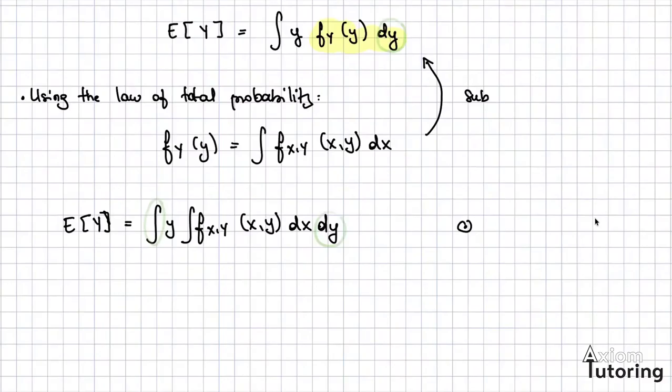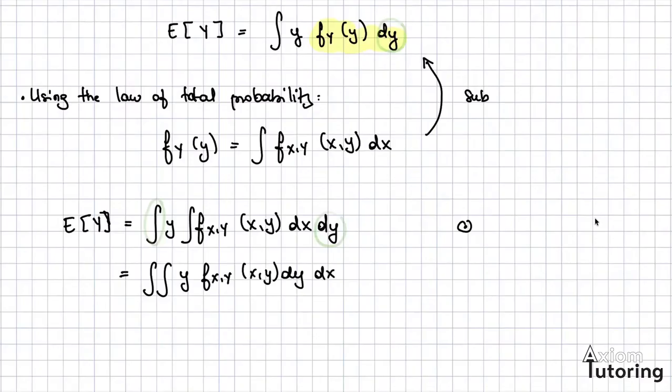Again, it's not the purpose of this video to go into that kind of detail and theory, so we're just going to continue elaborating this. So we're going to put the double integral of y times f_XY(x, y) dy dx.